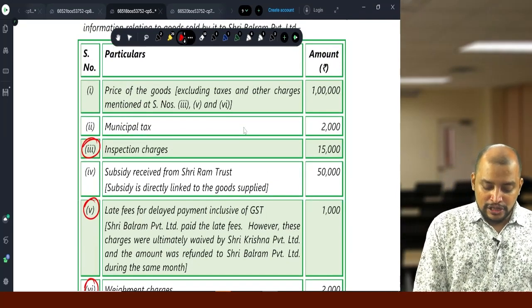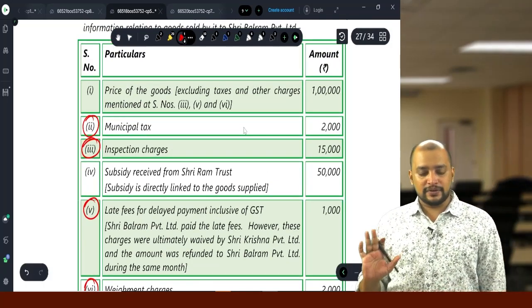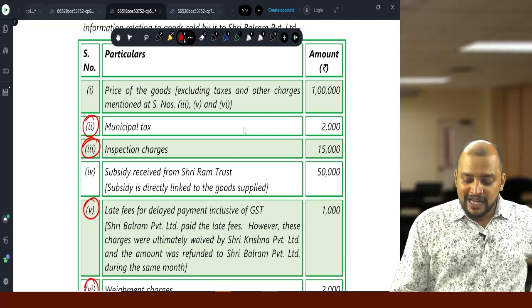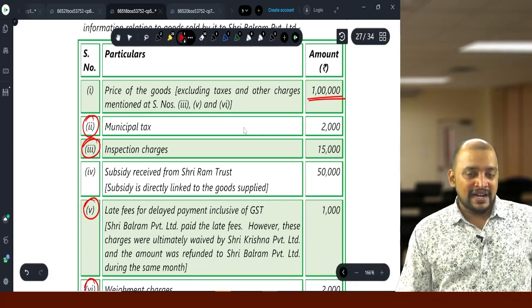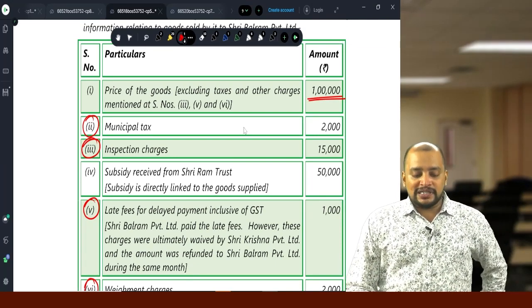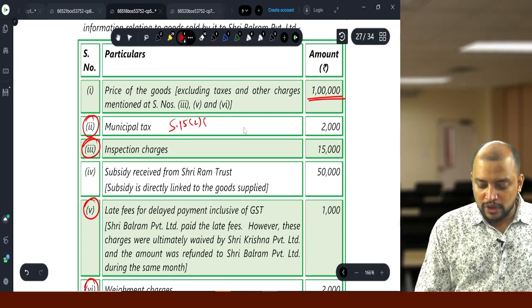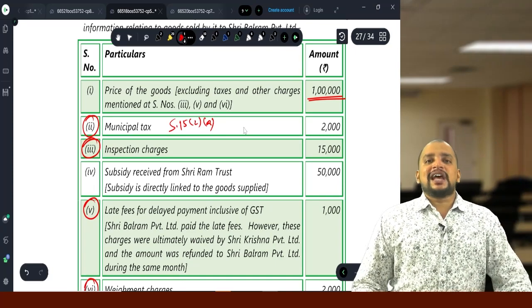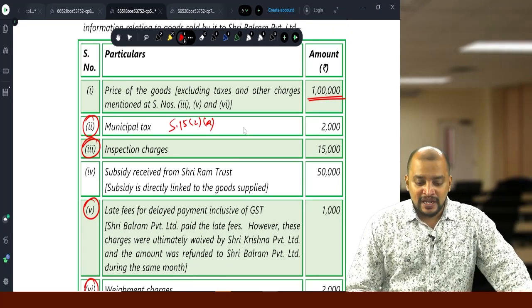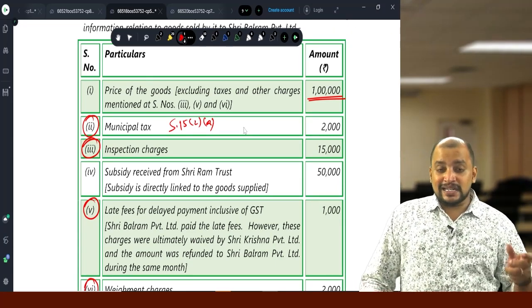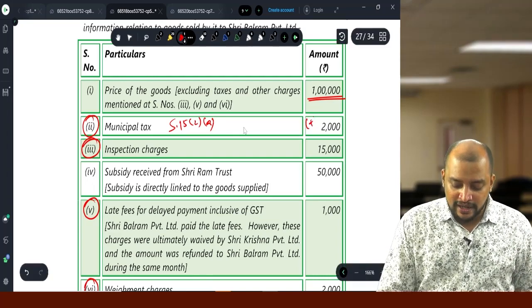Even taxes are also excluded in the given price. Okay. Now, we will take 1 lakh as the base. Municipal tax, as per section 15 subsection 2 clause A, is to be included in the value, and in the given price it is excluded, so we need to add.